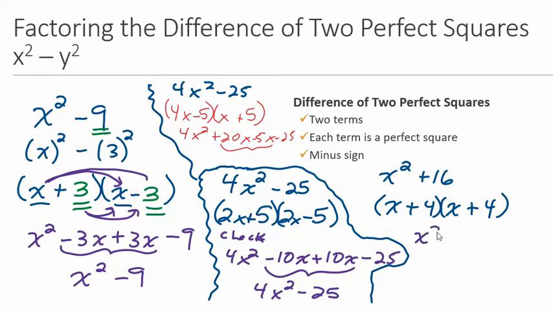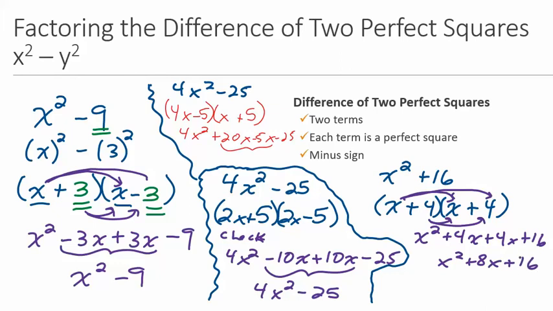We get x squared plus 4x. Can you see what's going to happen? Another plus 4x and a 16, which is going to give us x squared plus 8x plus 16. That is not what we started with, so that is not the answer.